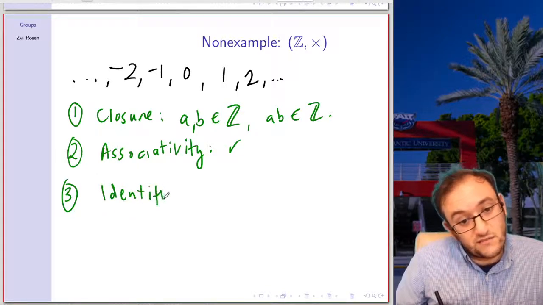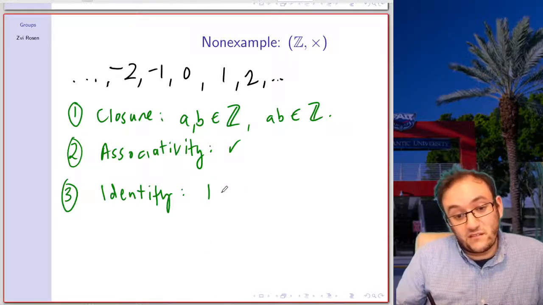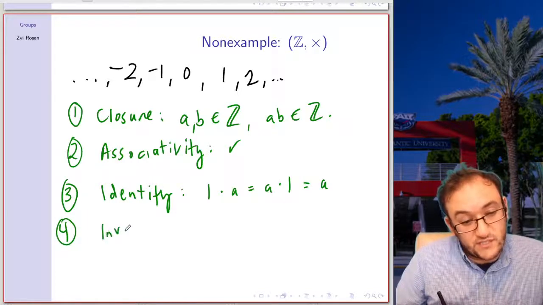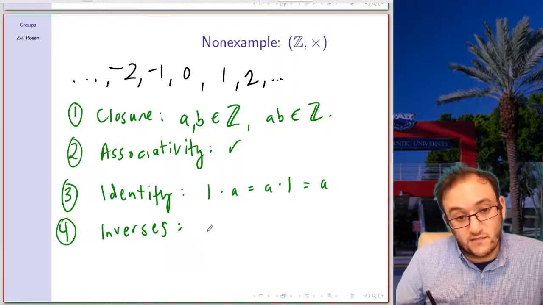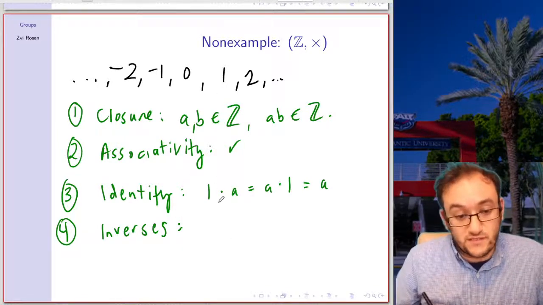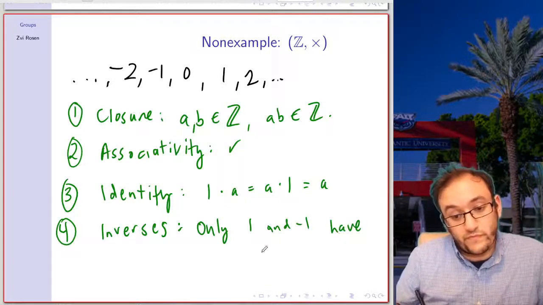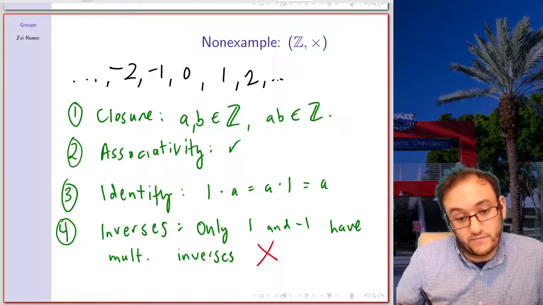Identity, we do have an identity. 1 multiplied by anything, 1 times a is equal to a times 1 is equal to a. So that's good. But inverses is where we get tripped up. The only numbers that have inverses are 1 and -1. So that gets a big fail.